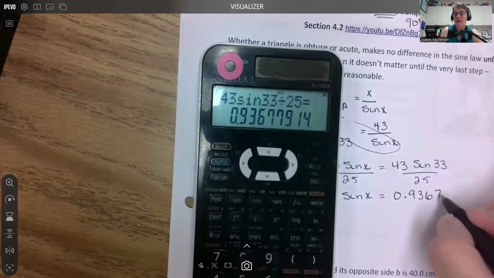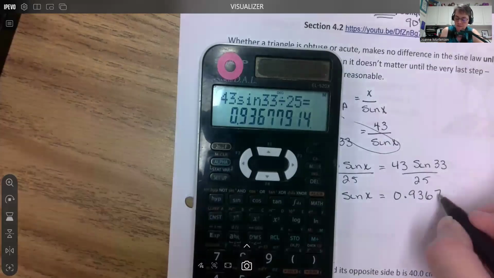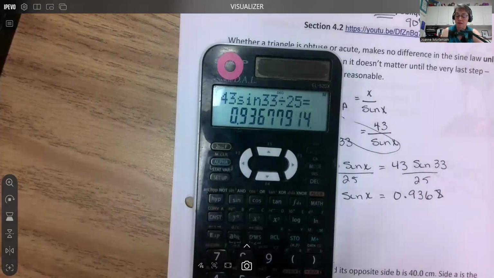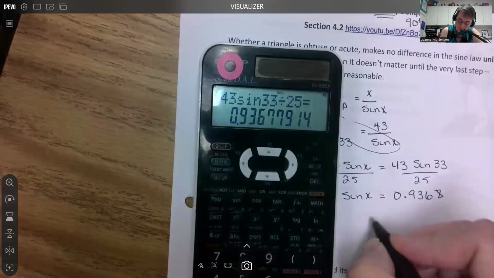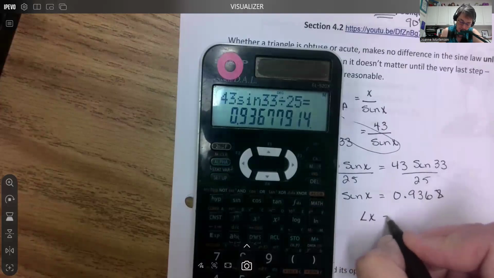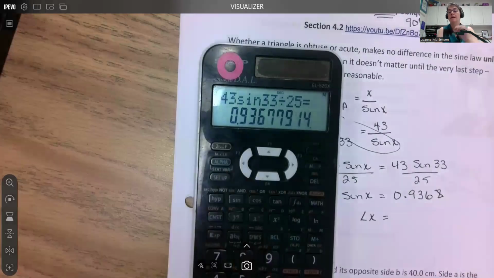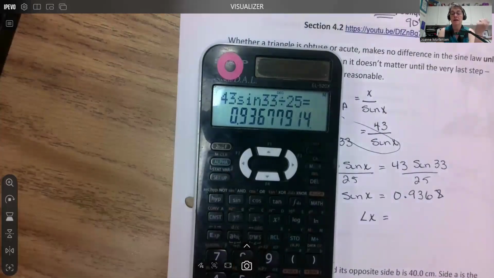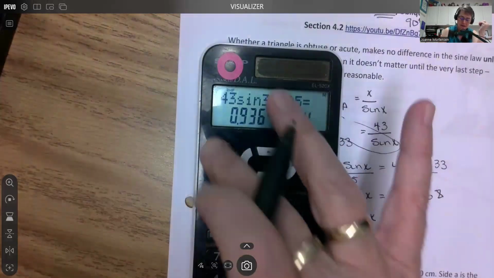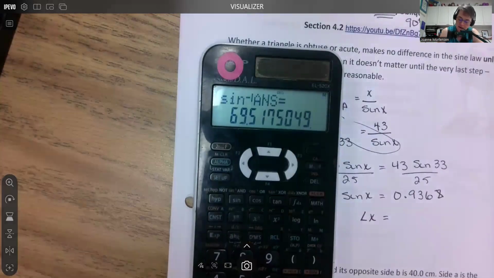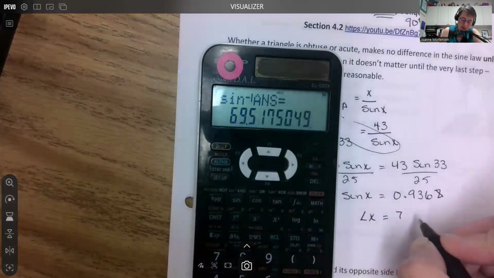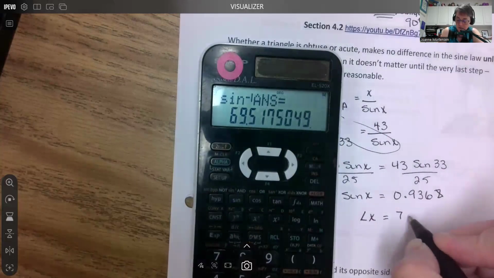Rounding doesn't matter because I just used the value of my calculator. Now remember, to get the actual angle X, not the sine of the angle X, because the sine is that ratio thing, we do second sine equals, and it gives me 69.5. So I'm just going to put 70 degrees.